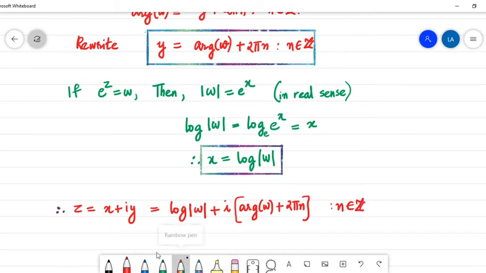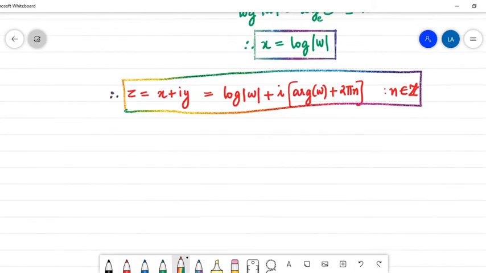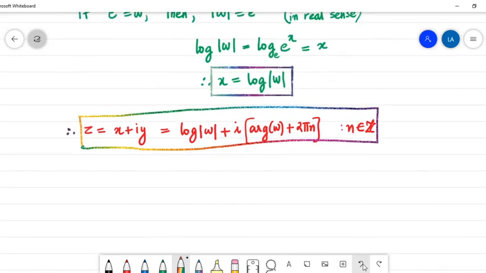So this is yet another observation we end up with.